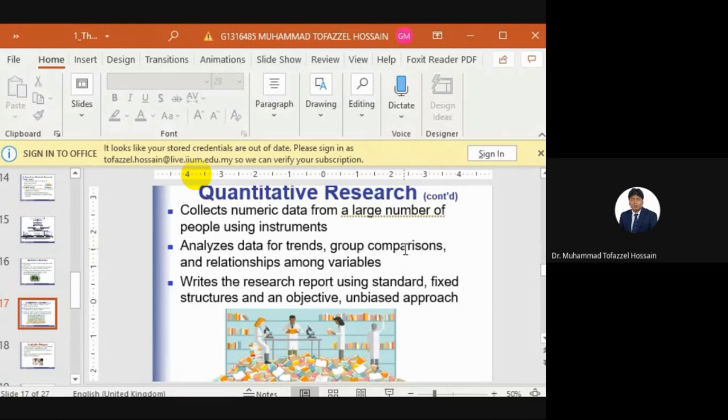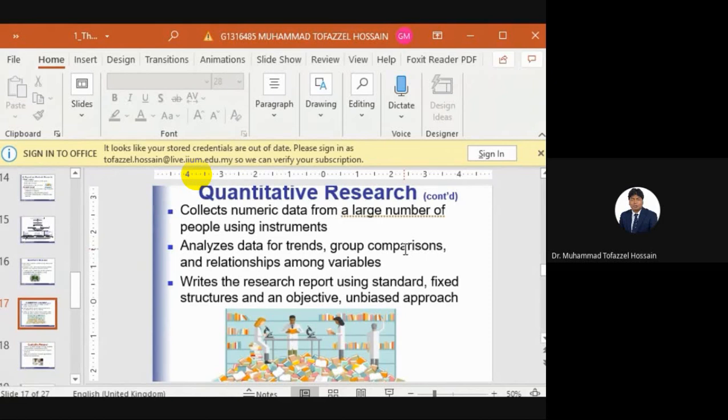Now you get more females in higher education. You can compare and contrast male and female in terms of performance, in terms of pursuing the degree, in terms of job opportunity.